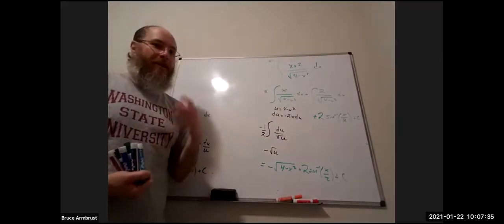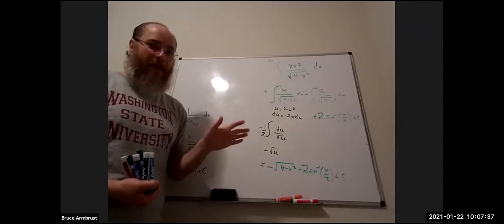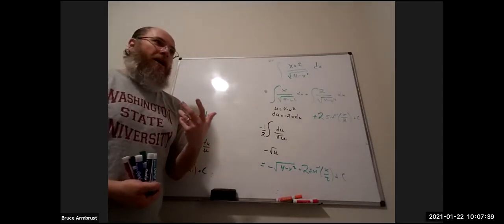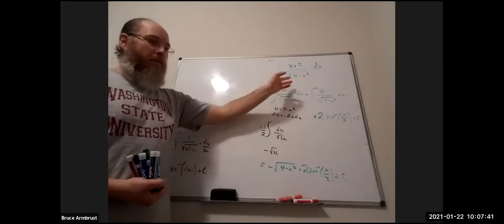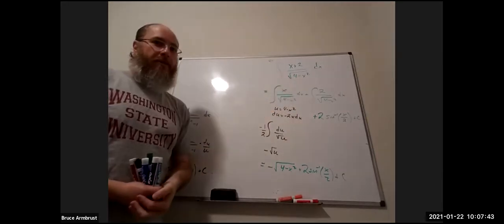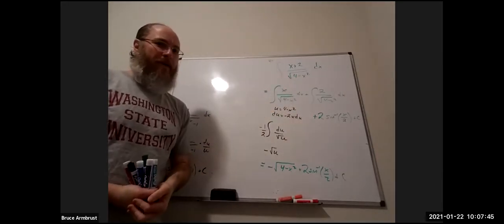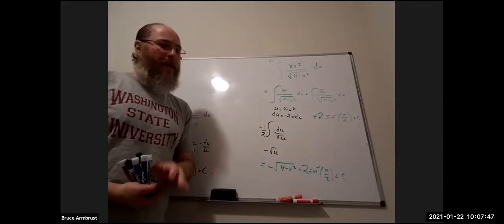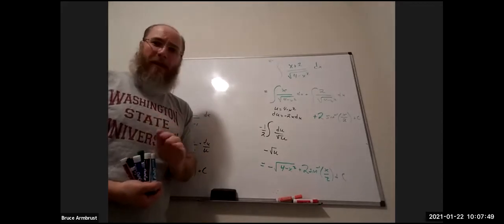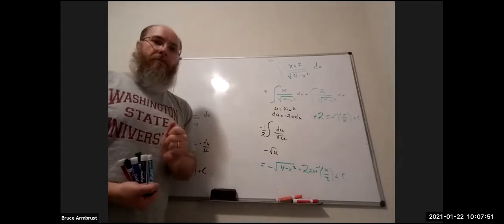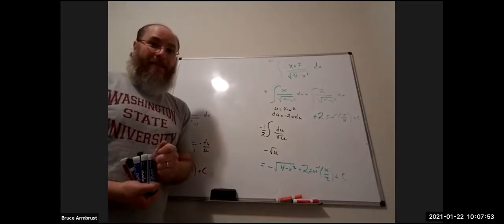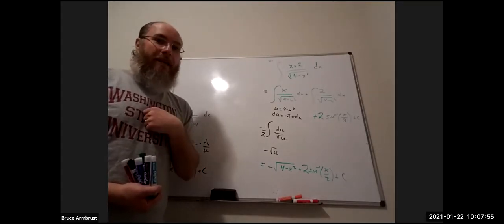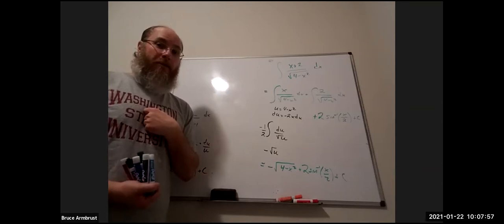Okay, so take a couple of things from this. One, don't forget algebra. I know you don't want to do it. I totally understand because algebra is a pain. But sometimes the algebra is necessary for us to get it in a form where we can do the calculus.